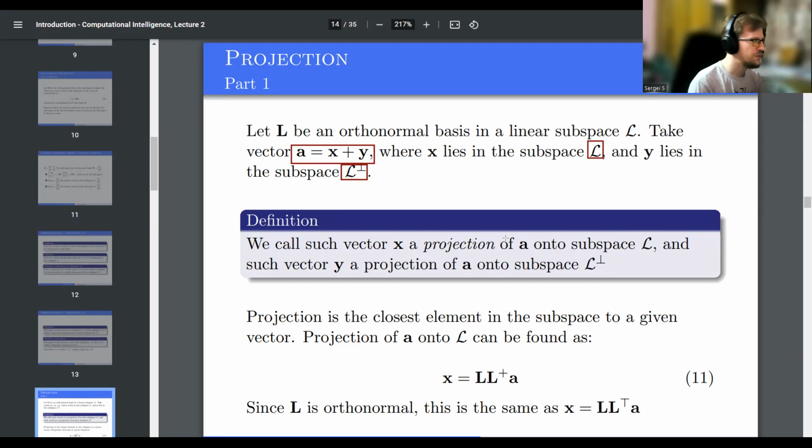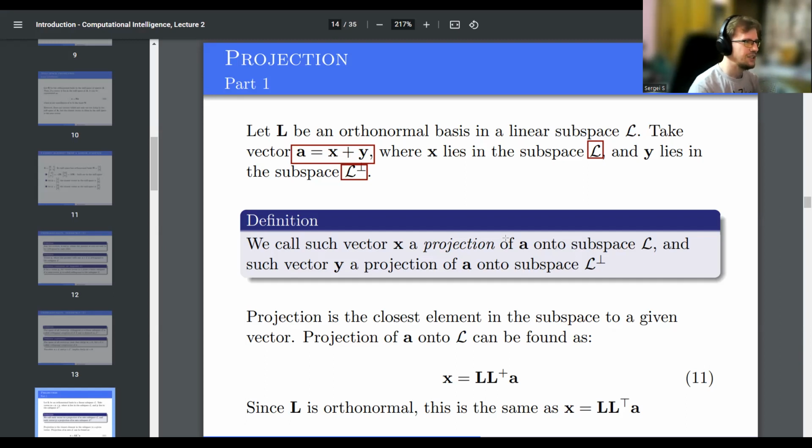Notice this wouldn't work for other subspaces. It wouldn't work, for example, if X and Y didn't lie in mutually orthogonal subspaces. If they were lying in some random subspaces which were not mutually orthogonal, then it won't work. This whole idea works exactly because the subspaces are orthogonal. You can think about why it wouldn't make sense.